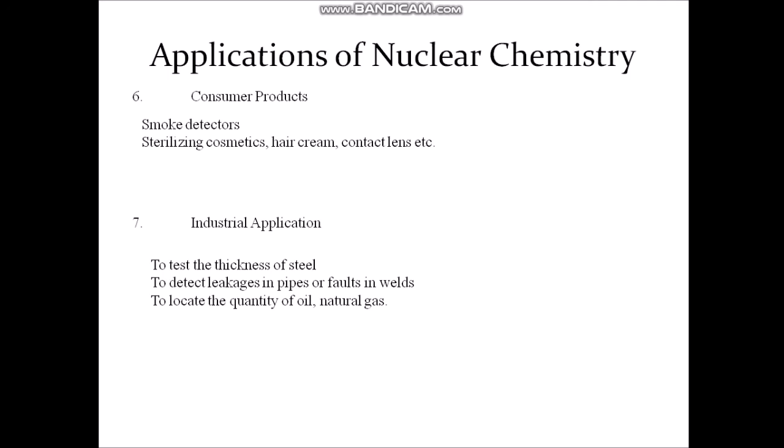So what they do is insert a small radioactive element, which is harmless, into the water, and using a sensor they will detect any kind of leakage in the pipes, and also to locate the quantity of oil or natural gas below the earth's surface. Nuclear chemistry has been used for these applications. So with that we'll stop here. Thank you.